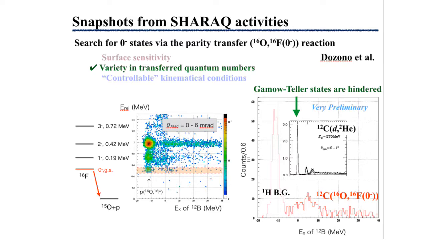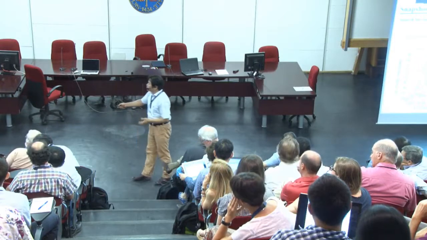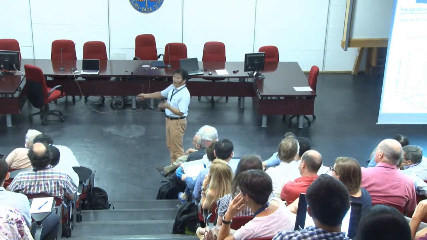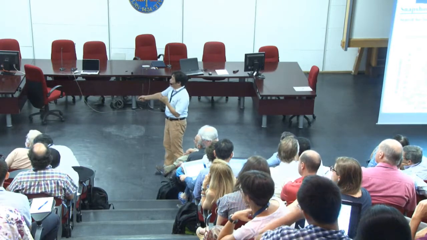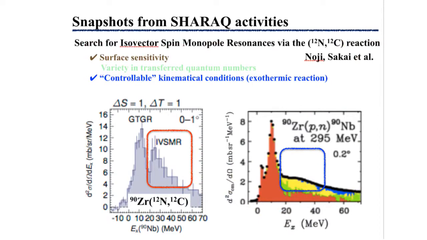And the next example is a search for isovector spin monopole resonances via the exothermic nitrogen-12, carbon-12 reaction. With this, we use surface sensitivity and control over kinematical conditions as an exothermic reaction. Again, I won't go into detail, but please look at this figure.